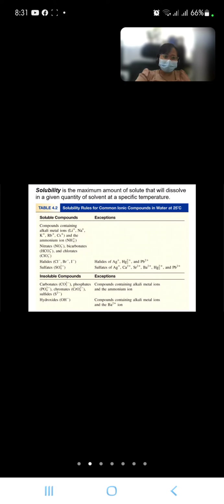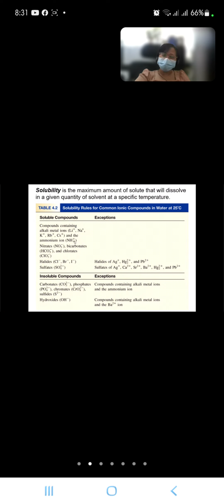Like for example, we have the lithium ion, sodium ion, potassium ion, rubidium ion, cesium ion, and also the ammonium ion. So all compounds containing these alkali metal ions and ammonium ion are considered soluble compounds.